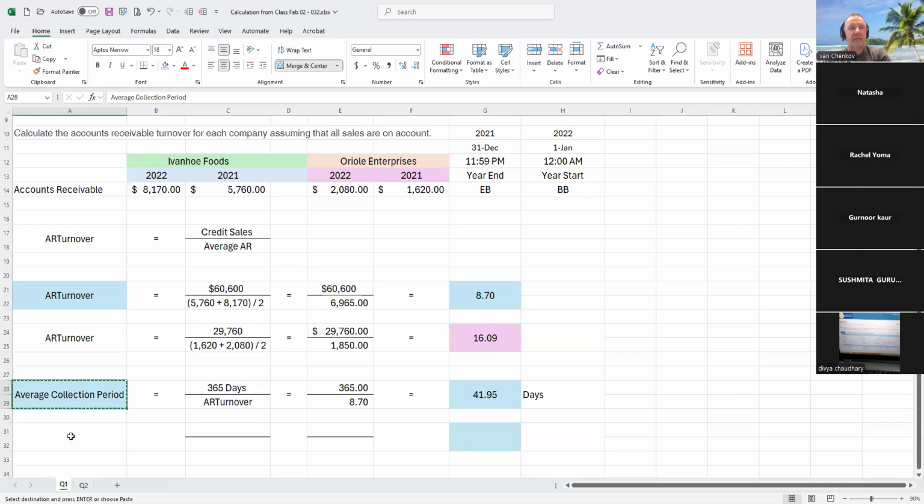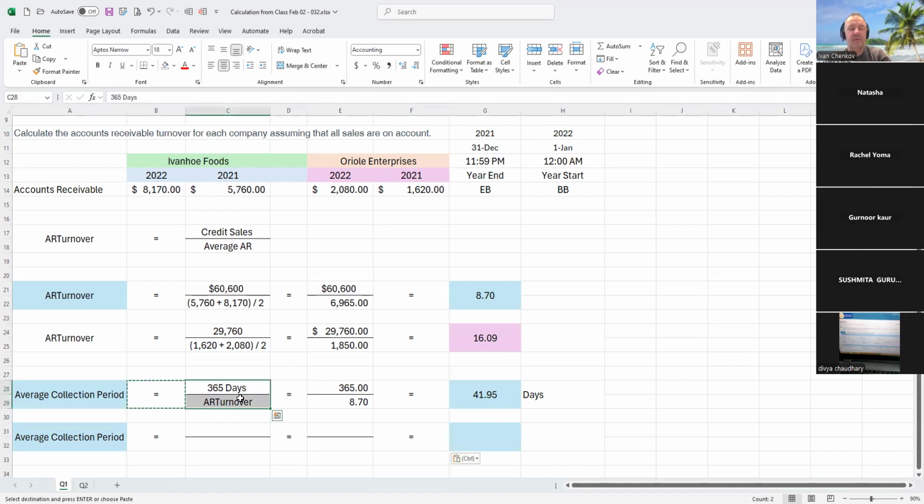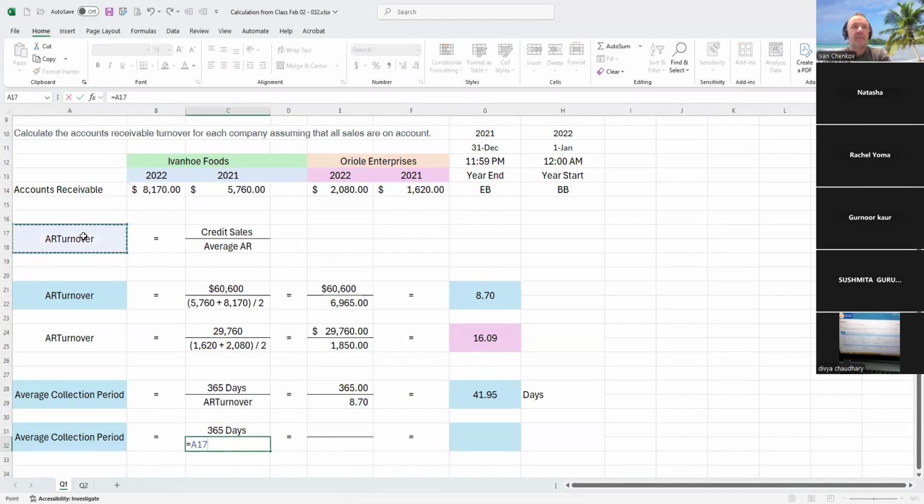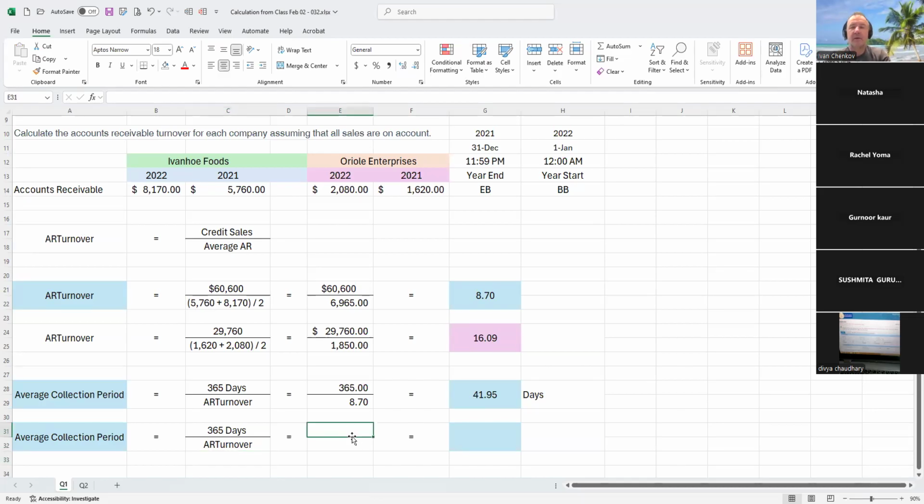There will be no changes in the formula, but the accounts receivable turnover is different, and then we have 365 again divided by 16.09, and that gives us 22.68 days. Let's highlight it in different colors so you can see it. Not this one, sorry, that will stay automatic. We're going to highlight this one in this color.